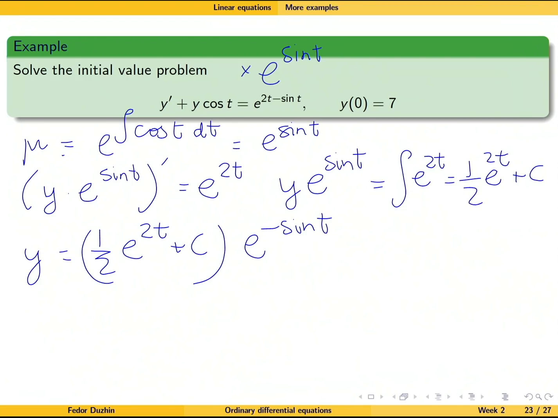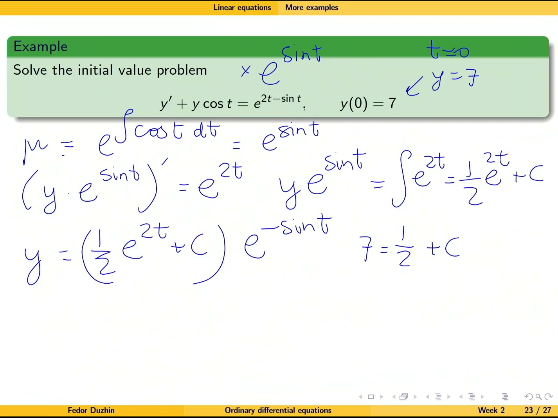And so from the initial condition, we know that the initial value of t is 0 and the initial value of y is 7. So we substitute: 7 equals 1/2 e to the 0, which is 1, plus c, and then e to the minus sine 0 is again 1.